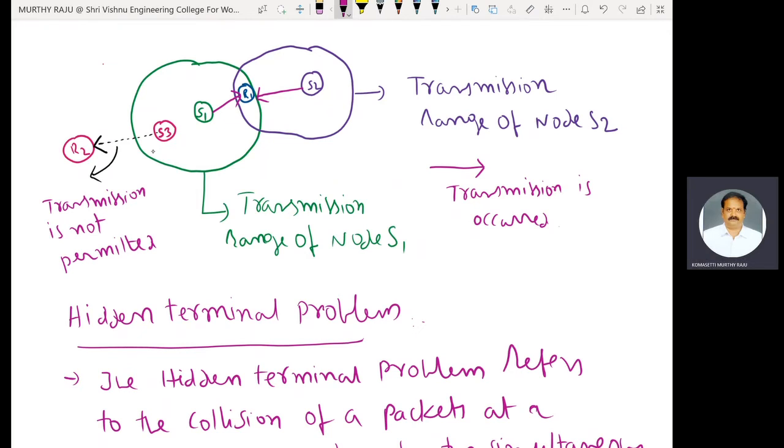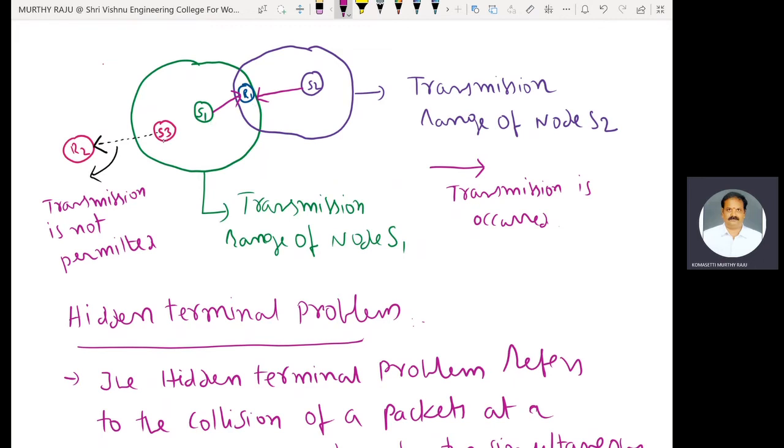if S3 sends information to R2, even if collision does not take place, S3 does not send information to R2 because some transmission is going on between S1 and R1. S3 hears that communication takes place between S1 and R1.